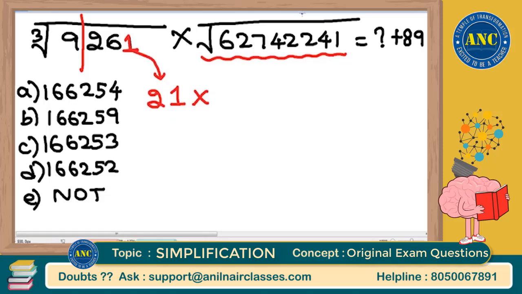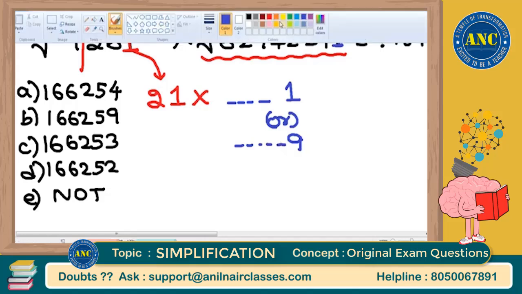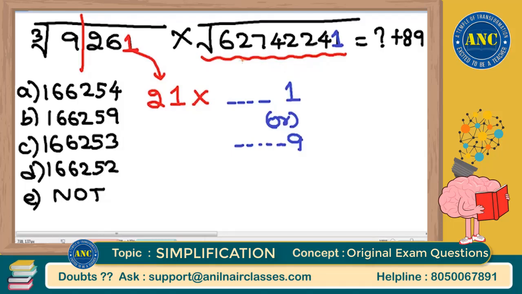Now see here. Can I say that this number is ending with 1? Any number ending with 1, when I take the square root, the answer will end with 1 or with 9, because 9 square is 81, which is ending with 1, and 1 square is 1, which is also ending with 1. That means my second part is ending with 1 or with 9. Now if I shift this 89, which is on the right hand side, to the left hand side, it becomes minus 89.